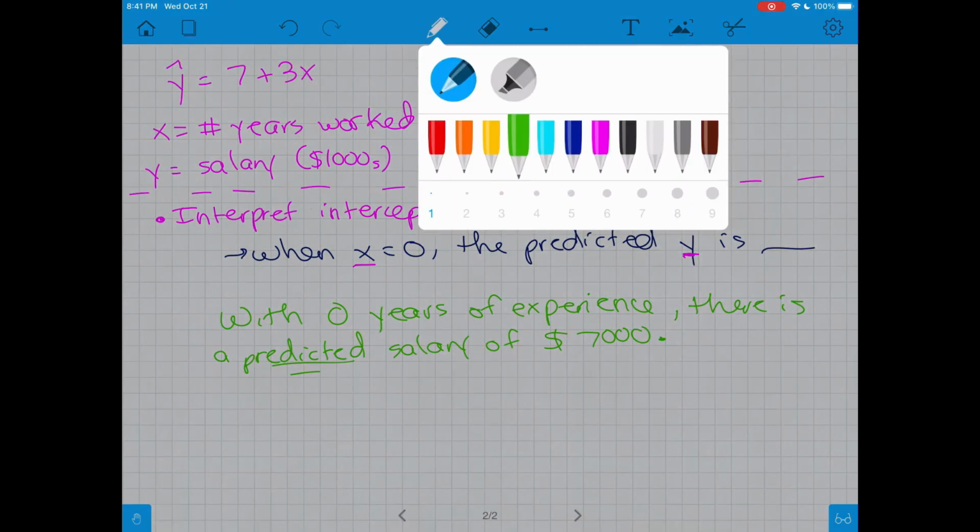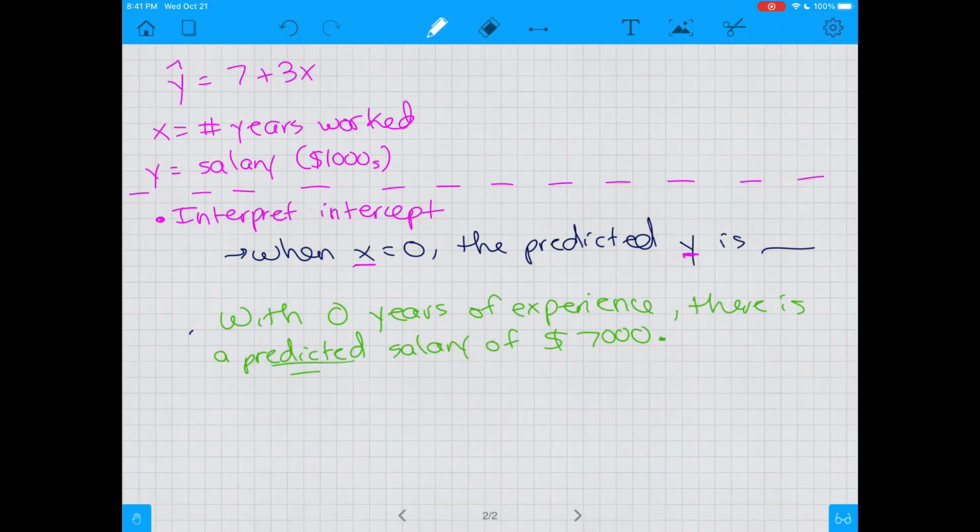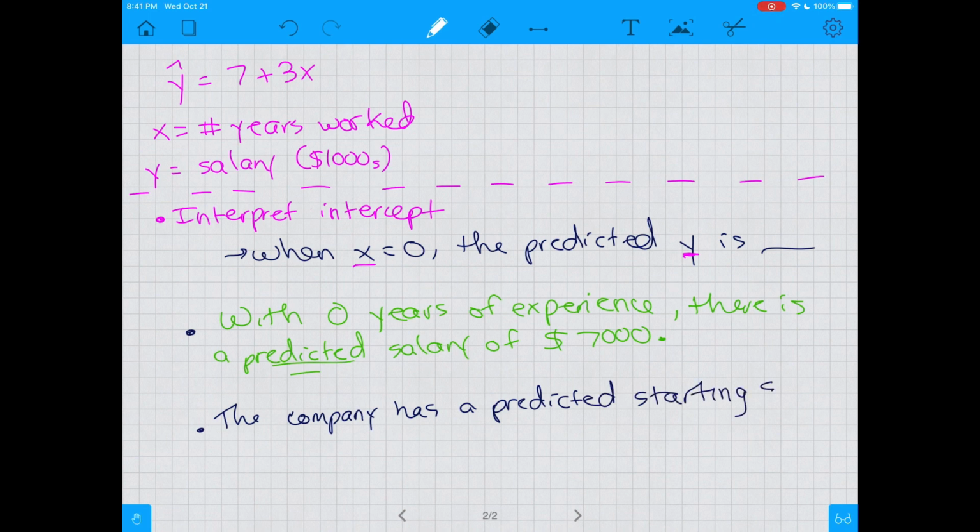Maybe I'll write this out too. Here's one example, another one: the company has a predicted starting salary of $7,000. Boom, still puts it in context.